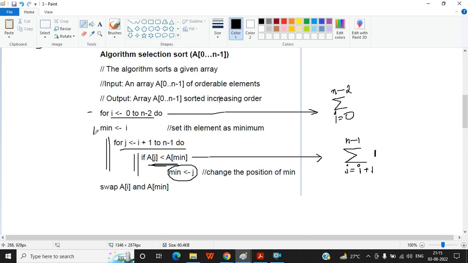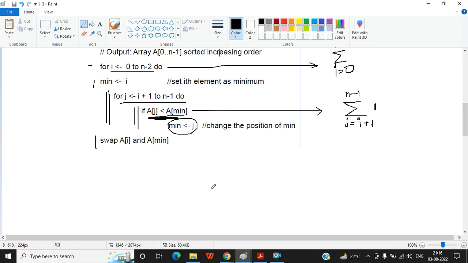We are ignoring this statement and this statement, because from this algorithm we can clearly identify that this if statement is the one which is going to execute the most number of times. So we have to calculate how many times this statement will be executed, and that will be the time complexity of this algorithm. Is it okay?